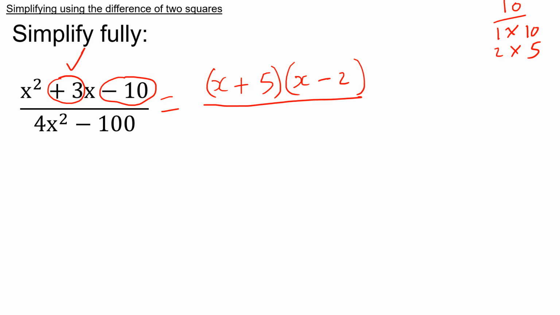On the bottom of the fraction, first take out a factor of 4, which will give me x squared minus 25.